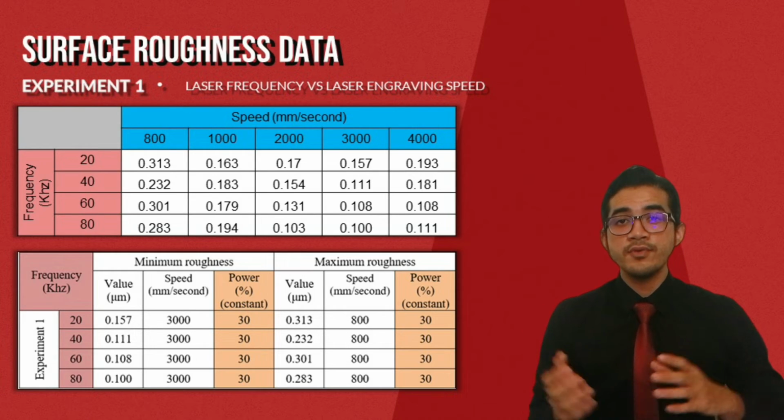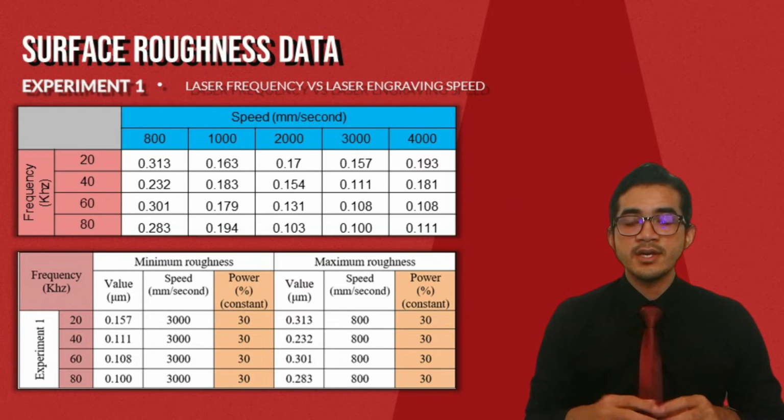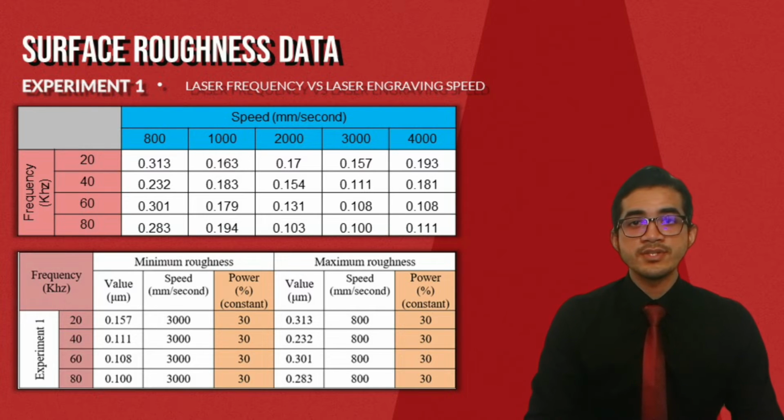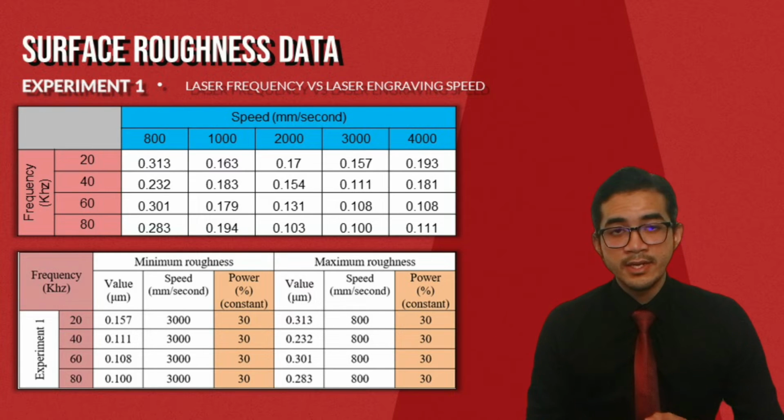Here is the surface roughness data for experiment 1. The surface roughness test has been done for each square 3 times to get the average, and the average has been tabulated as shown in table 1.